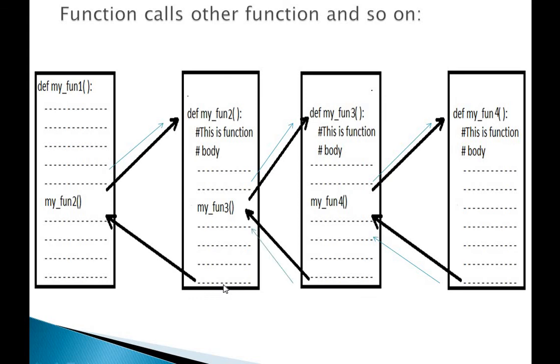Whenever the last statement of myFun3 completes, it sends back control to the statement after the myFun3 call as shown in the figure. In a similar way, whenever there is complete execution of myFun2, the control is sent back to the line following the myFun2 function call, and then all remaining statements belonging to myFunction1 will get executed.